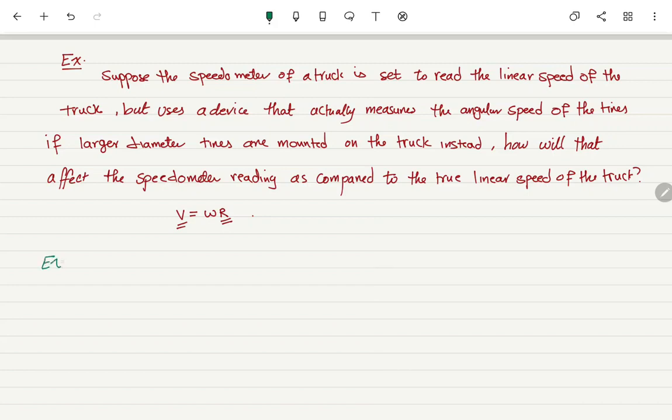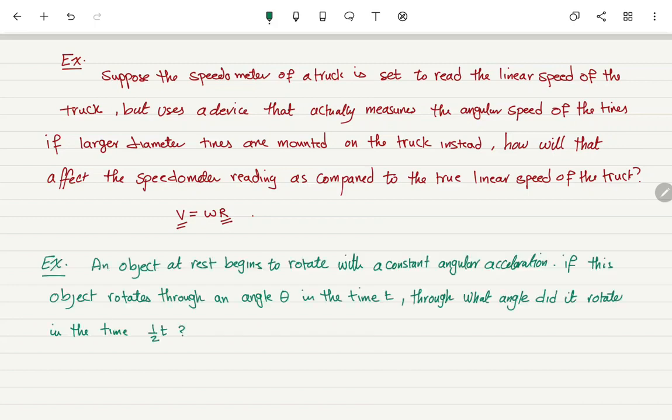Example: an object at rest begins to rotate with a constant angular acceleration. Now if this object rotates through an angle theta in the time interval t, through what angle did it rotate in the time half t? Since the object is moving at constant angular acceleration, theta final equals theta initial plus omega initial t plus half alpha t square.